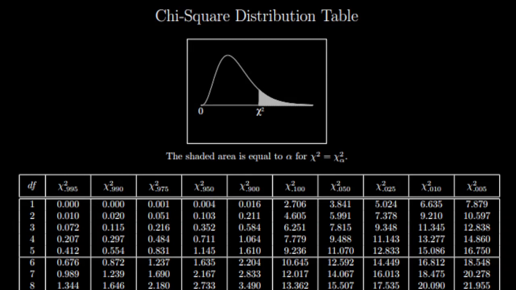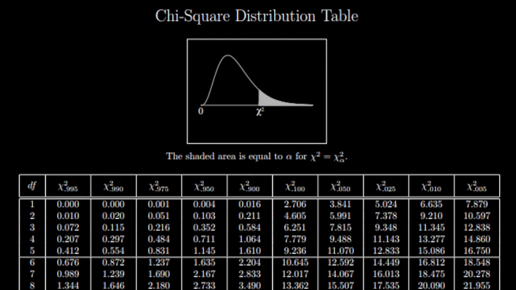Instead of just having key values for very low values of alpha, 0.005, 0.01, 0.025, 0.050, that's the 95% that we very often use, it also has the other extreme, 0.995, 0.990, 0.975, 0.950.